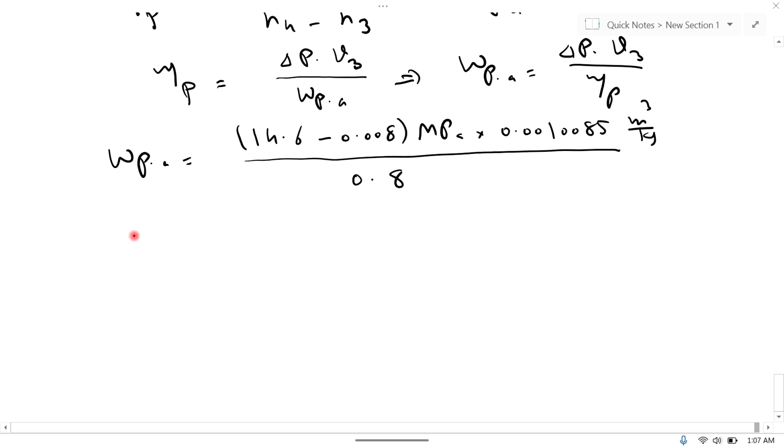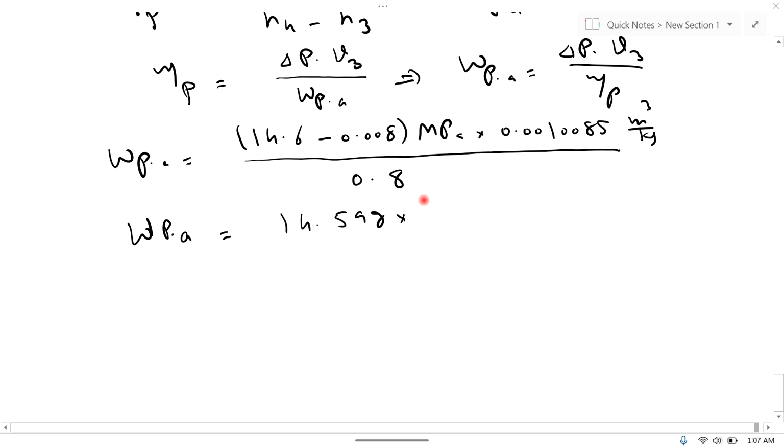So simplify this value and find the actual work of the pump. So 14.6 minus 0.008 is equal to 14.592 megapascal.